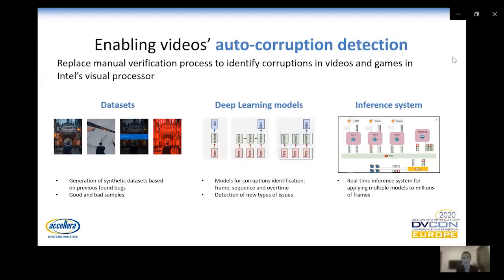The way it was done in the past, there were lab technicians whose role was to sit and watch YouTube videos, play games, with the objective to identify video corruptions.